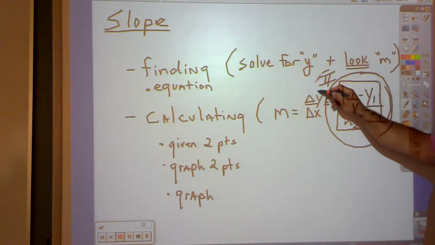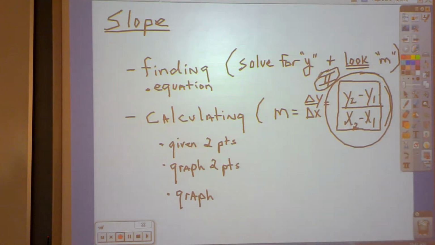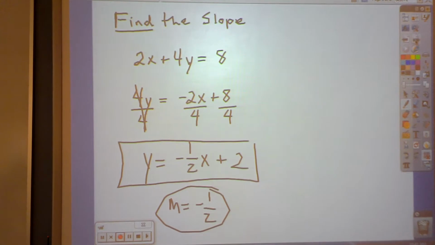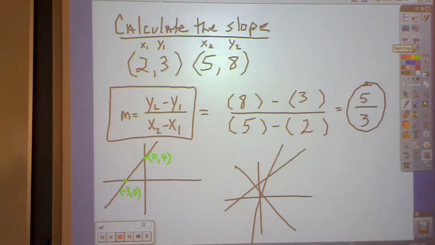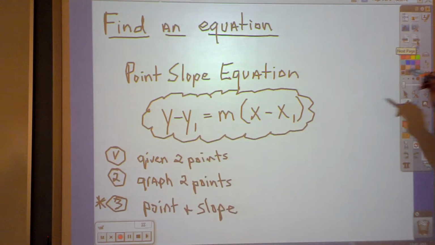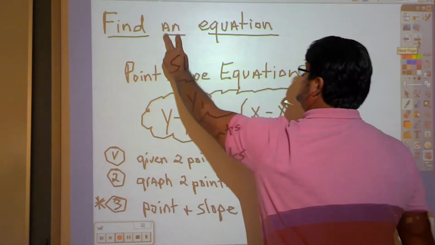Slope is equal to y sub 2 minus y sub 1 over x sub 2 minus x sub 1. 3, the point and slope equation. And it is used whenever you see find an equation in the directions.